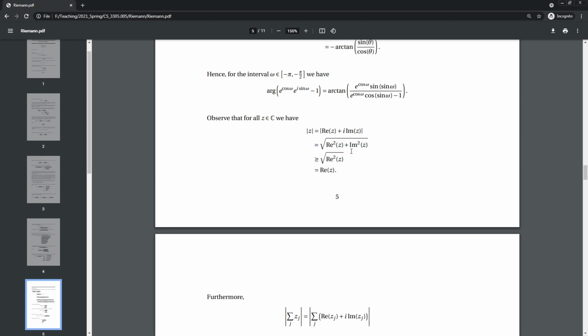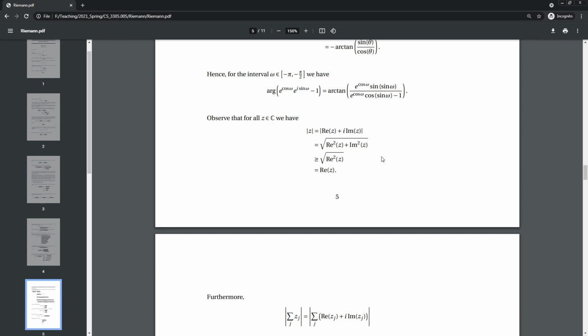Pythagorean Theorem: real part squared plus imaginary part squared is always going to be greater than or equal to what we get if we only consider the real part. So if we threw the imaginary part away, and this is always guaranteed to be greater than or equal to 0, then we can make this assertion. So this is true. Well then, all this is saying is that this has a lower bound of the absolute value of the real part of z.